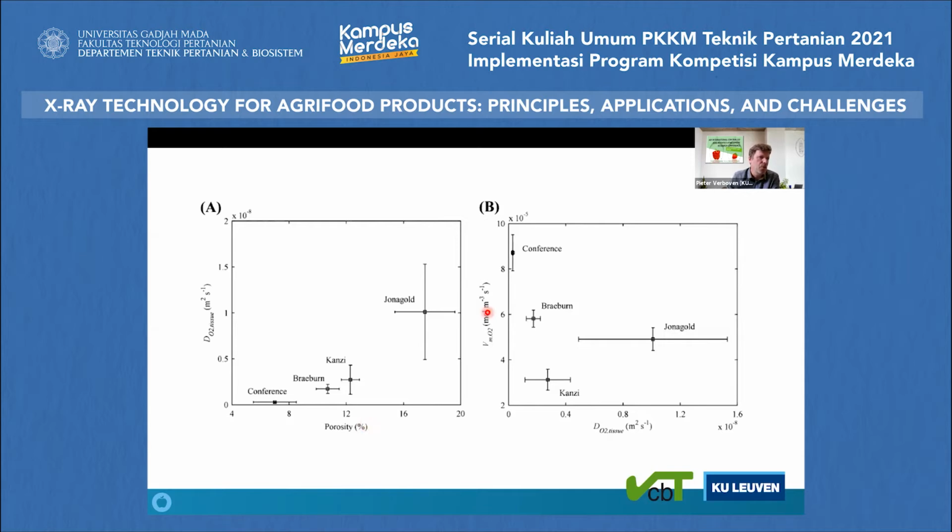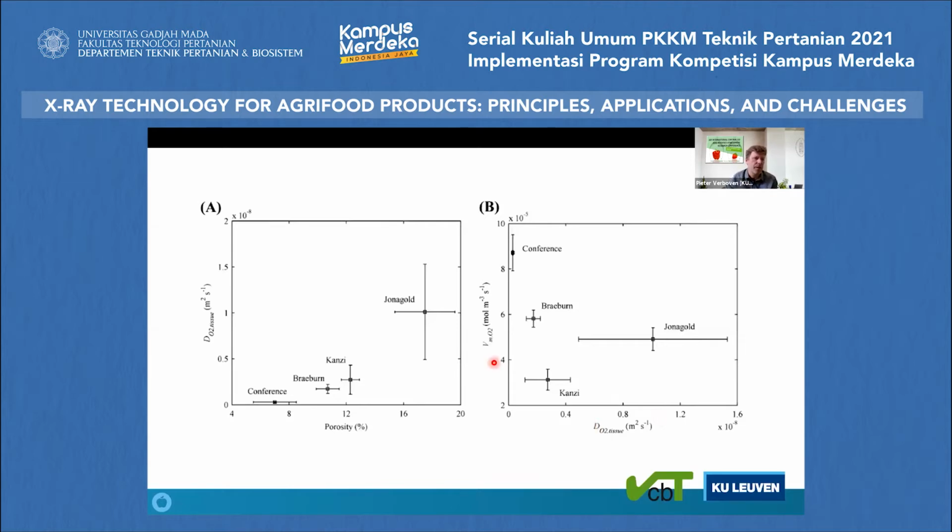The second graph on the right also shows the diffusion coefficient of these products. So we have very low diffusion coefficients in Conference pears due to their low porosity, and much higher in Jonagold, and you can see it also on this axis. And here this axis is combined with the respiration rate.